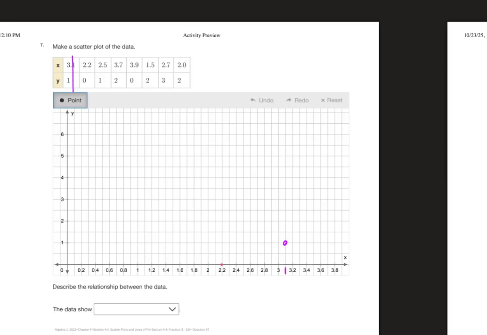2.20, done. 2.5 and 1, done. 3.7 and 2, done. 3.9, we're at the very edge of the graph. No, maybe not the very edge.